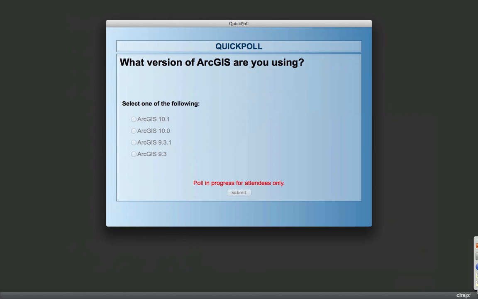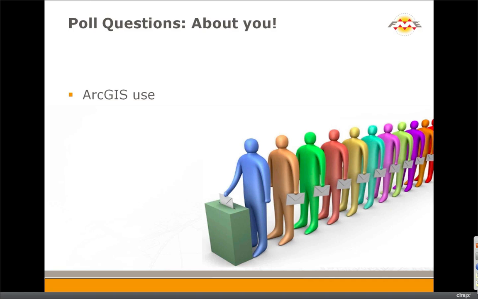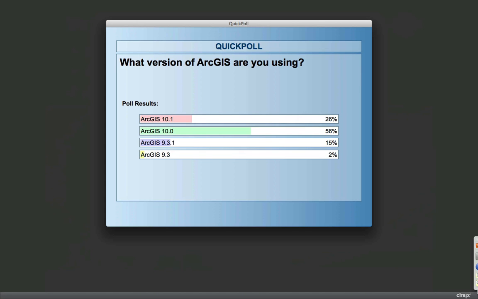Okay, a couple more seconds and I'll close that poll. And so the majority of people are still on ArcGIS 10 and quite a few people have moved already to 10.1. Actually, that's quite impressive considering how much work it is sometimes to upgrade a big system.